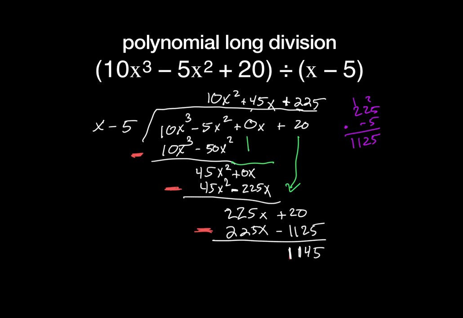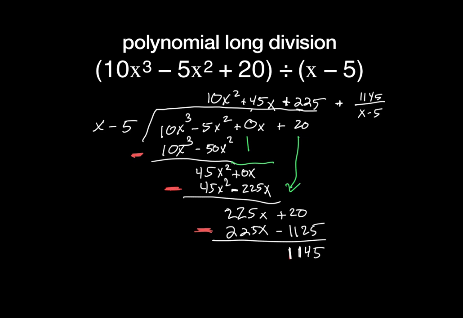What do I do with my remainder, you say? Well, this is where, like when we did the one where it was 12,345 divided by 16, it is the additional piece at the end, so it will be plus 1145 out of x minus 5.